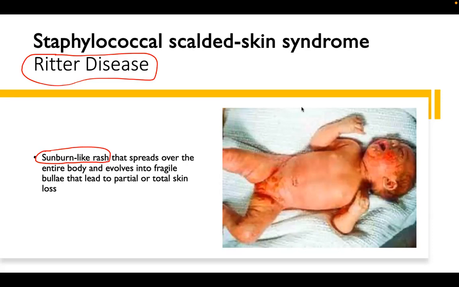Please take note of that. So the description of the rash is sunburn-like. Sunburn-like rash. Very, very important.